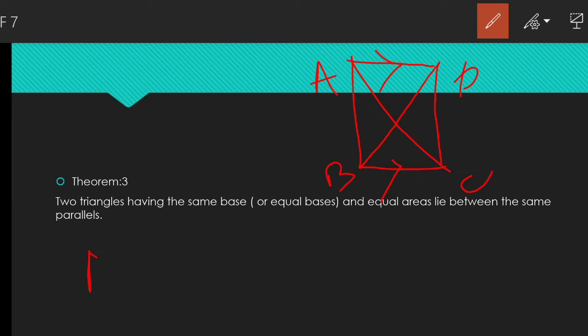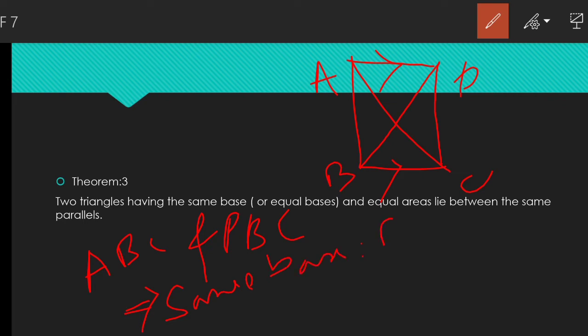The triangles ABC and PBC are given to lie on the same base. The base is BC. And it is said the areas are equal.